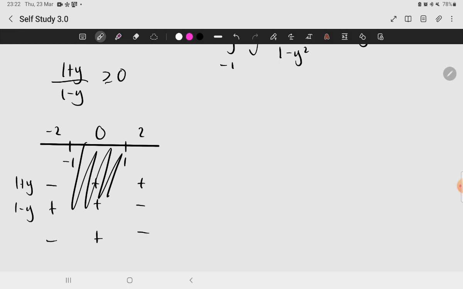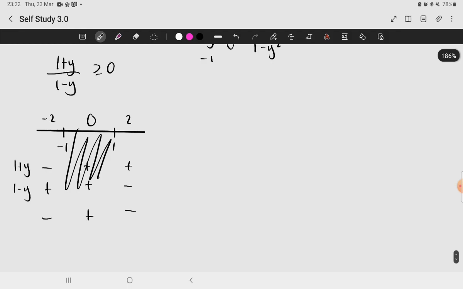Now, before we write down the domain, we have to know which endpoints will be closed or open, whether it will be a closed interval, or one of the endpoints will be closed or open. So from here we know that when we substitute -1, it will be 0.